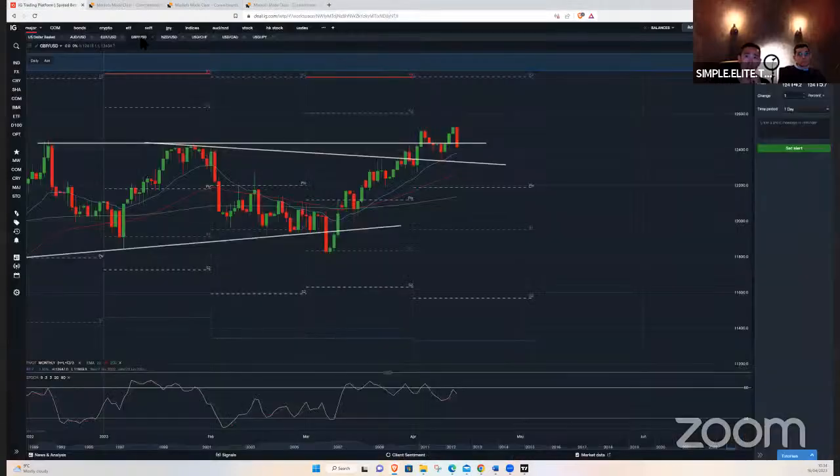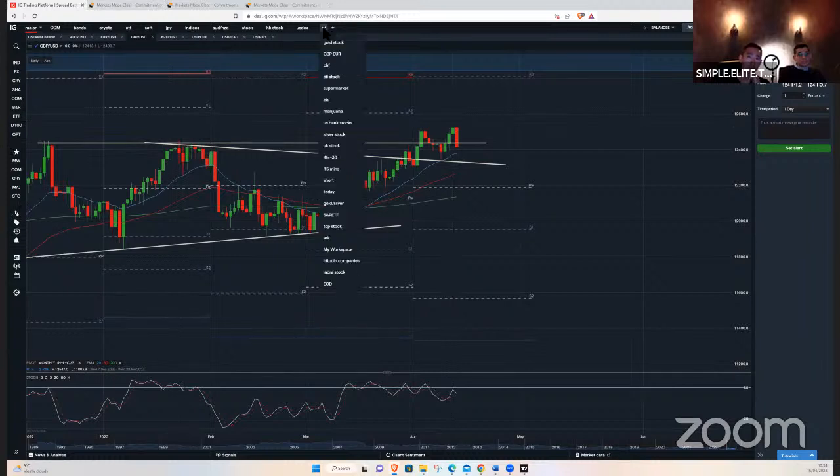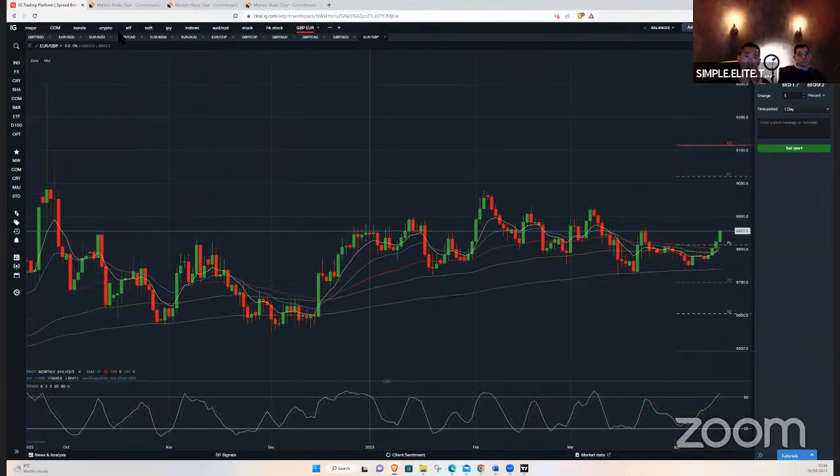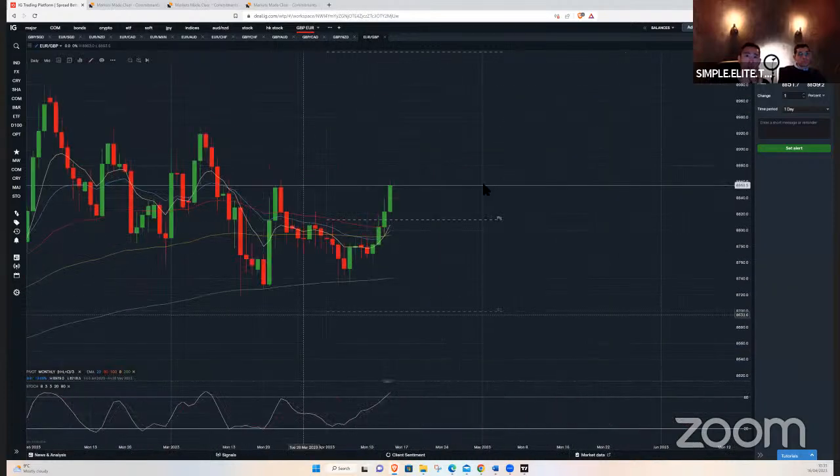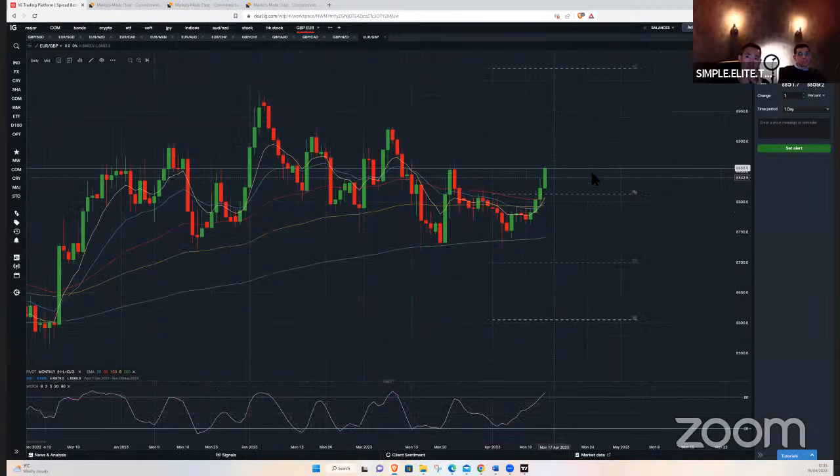I know pound was the strongest currency, but one old-fashioned way of doing it is I go to euro pound, which is here, to have a look at which one is stronger. To me, euro looks a bit stronger at the moment because they made the base.